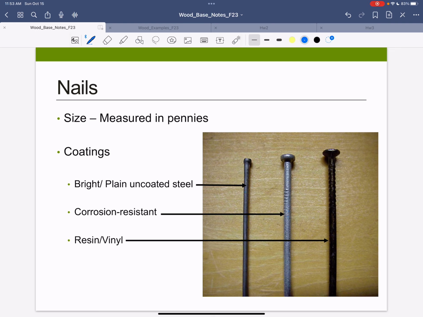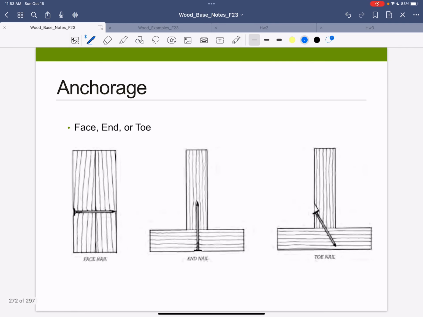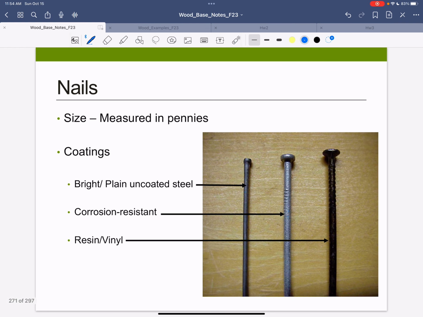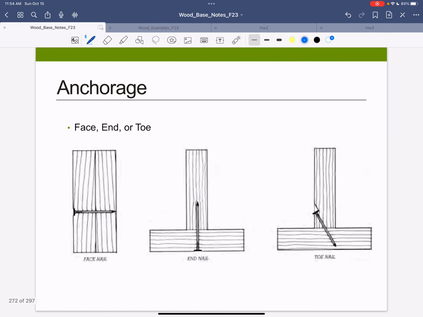But there's a resin vinyl nail that, as you hammer it in, the heat melts the coating in. So that's a nice protection around that area. When you have an indoor application, these bright nails are fine. If you have an outdoor application, you don't want to see a lot of rust spots or rust out your nails, so you use the ones with coatings. That's why we would use that.